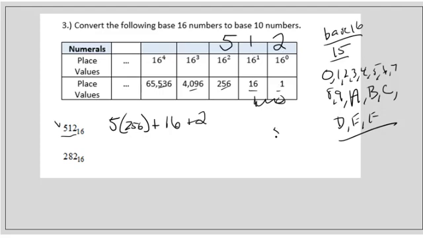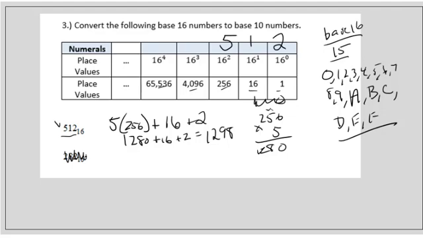So 5 times 256 is 1280, plus 16 plus 2, which is 1298.